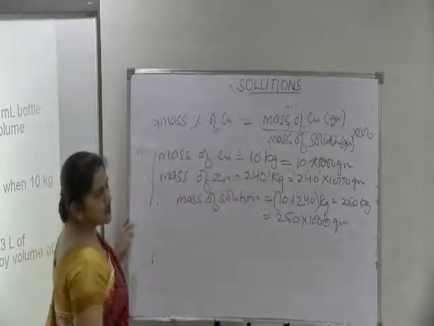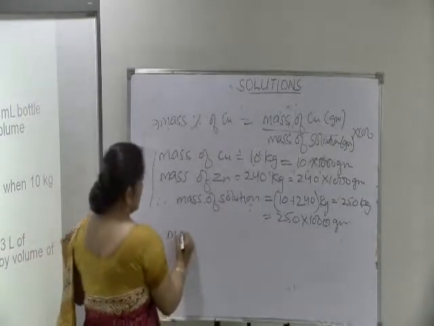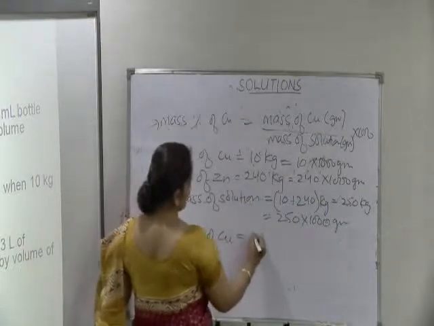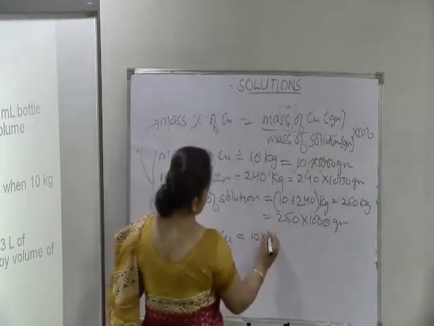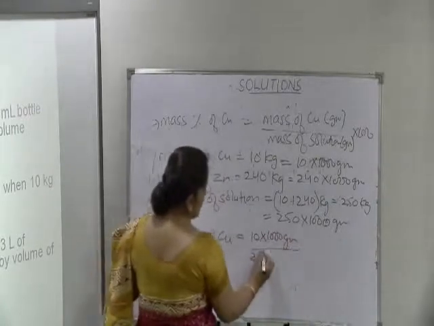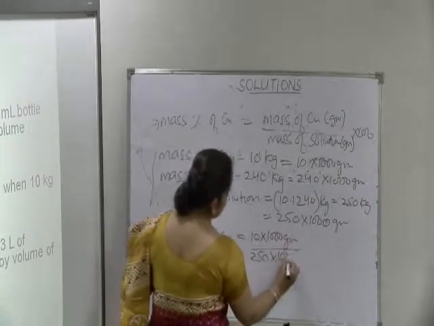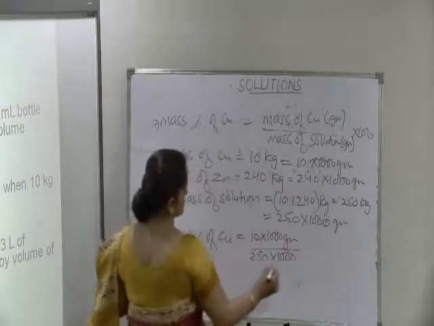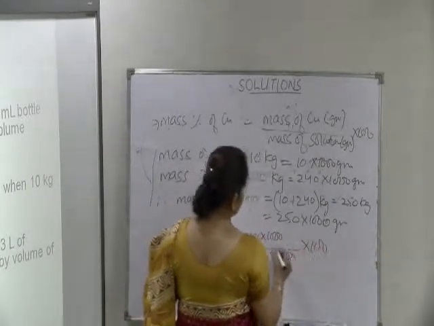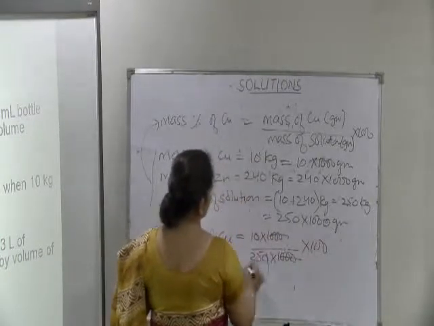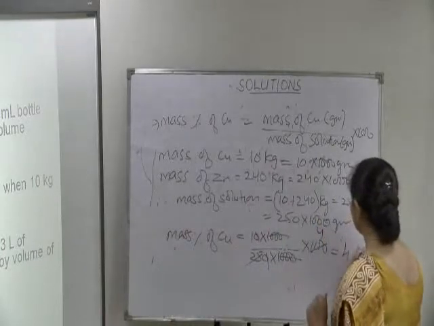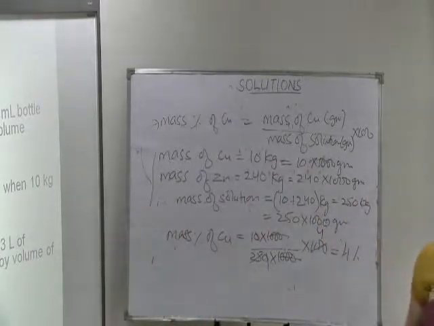When you substitute in the formula, the mass percentage of copper comes out to be 10 into 1000, the mass of the copper, upon the total mass of your solution, which is 250 into 1000 grams, into 100, which comes out to be equal to 4% mass by mass.